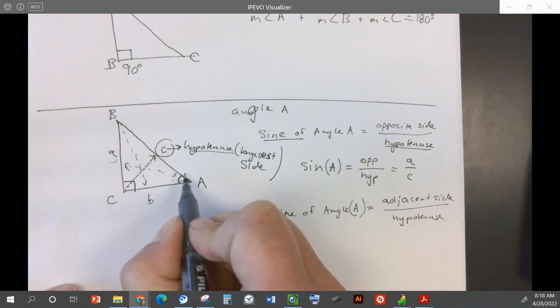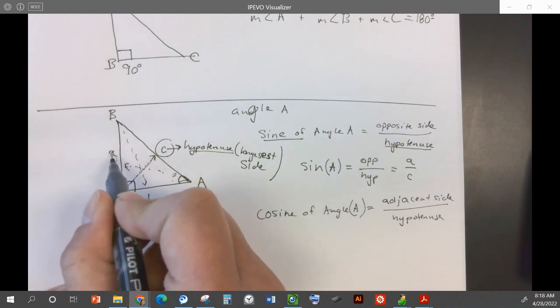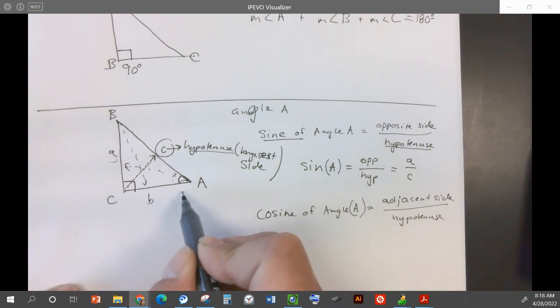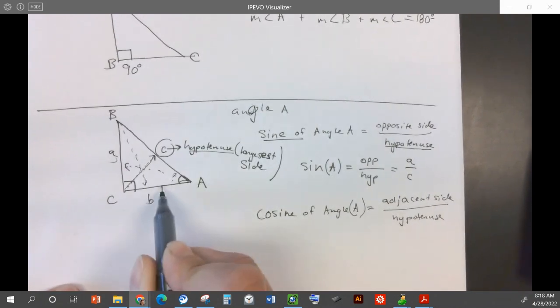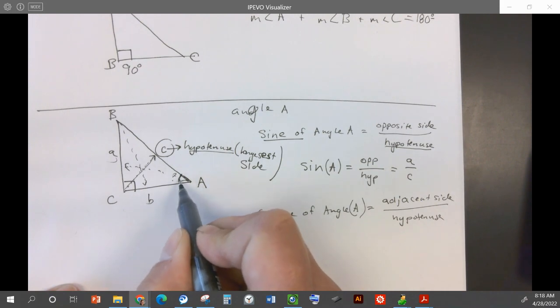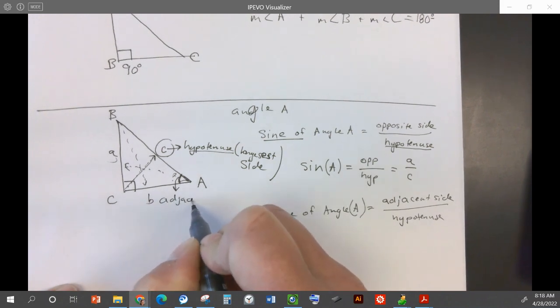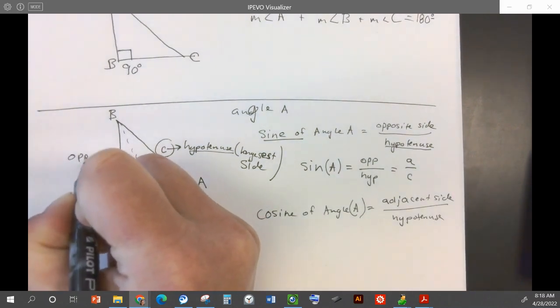Here's angle A. The adjacent side is the shorter side that makes up angle A. That's the hypotenuse, so this must be the adjacent, and this is the opposite of A.